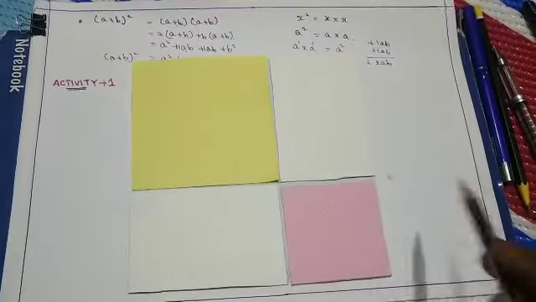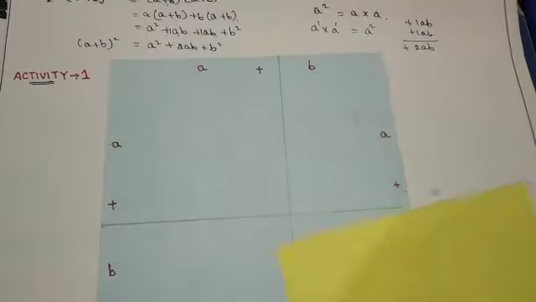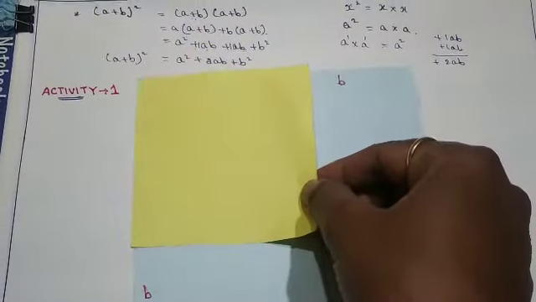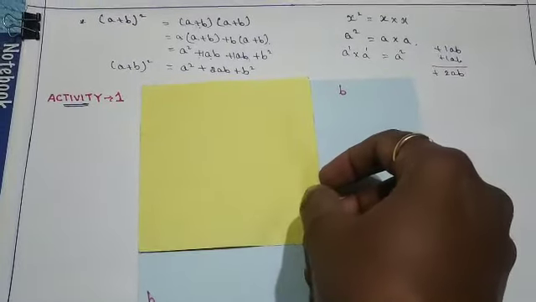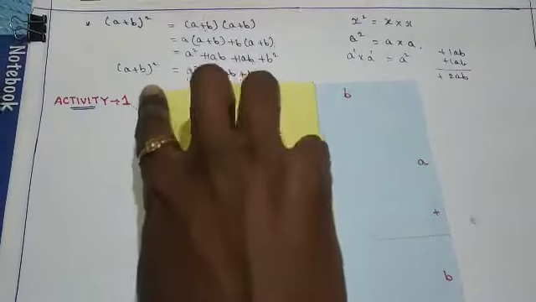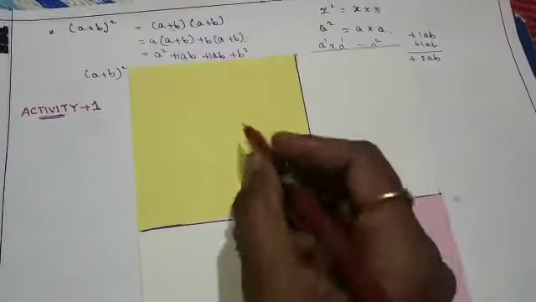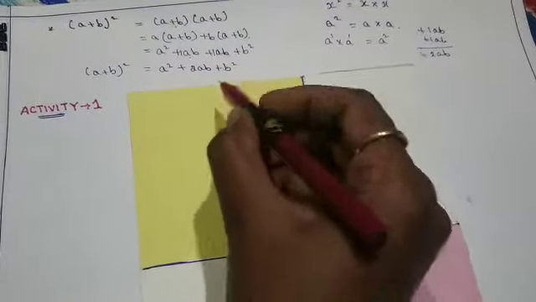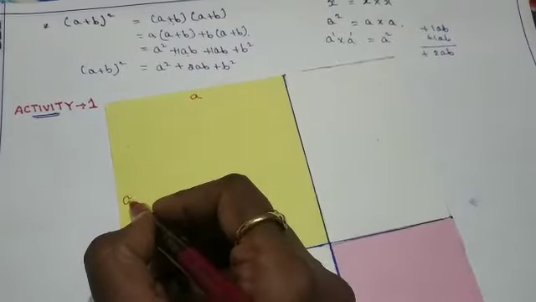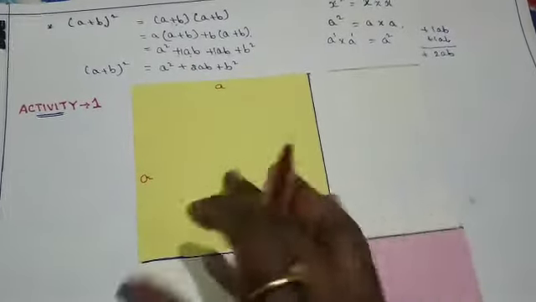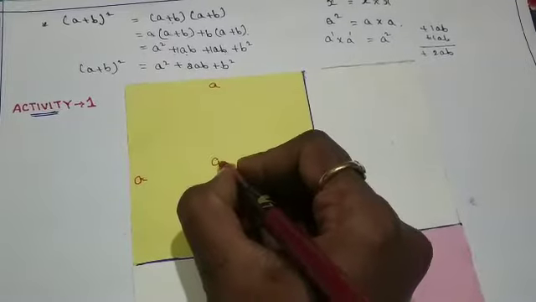Let me paste all these things now. So A into A is nothing but A square. Paste properly, children. So the length of this square I have taken is A. Then what will be the area of this? It becomes A square.